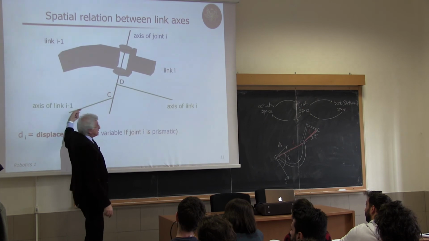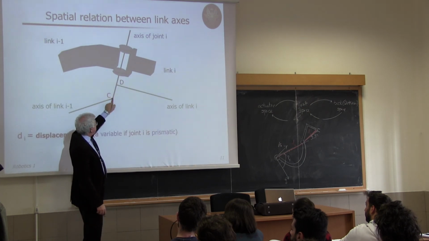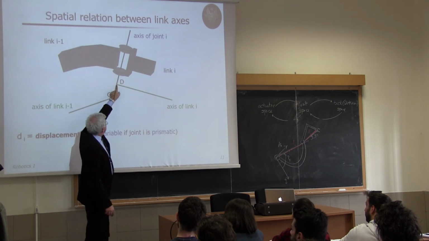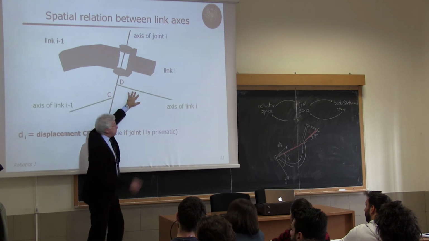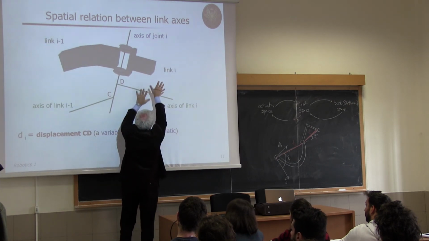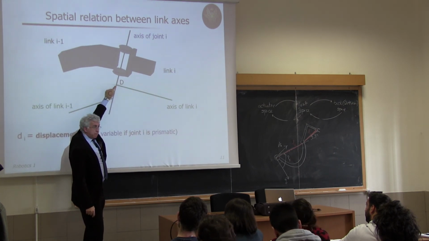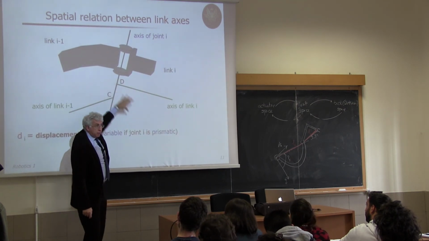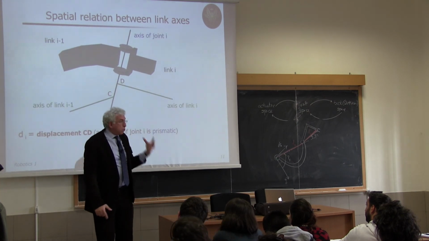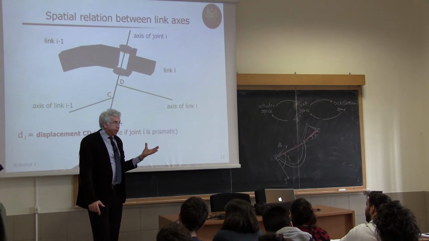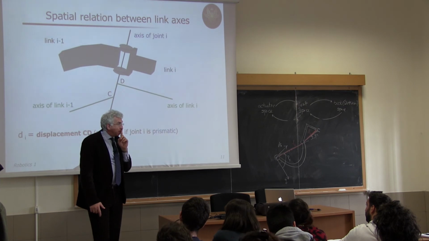So this axis will remain fixed, and the point C is fixed, but this axis will move together with the link, up and down, so it will change the position of the point D. So this distance, or displacement, will be a variable if the joint is prismatic.